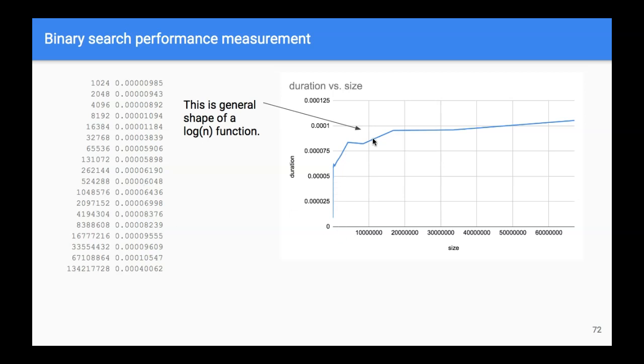And I actually graph it out as well. So on the y-axis is the duration, and on the x-axis is the n, or the size. So if you look at the shape of this thing, and if you remember how a log function looks, this kind of looks more or less like a log function.